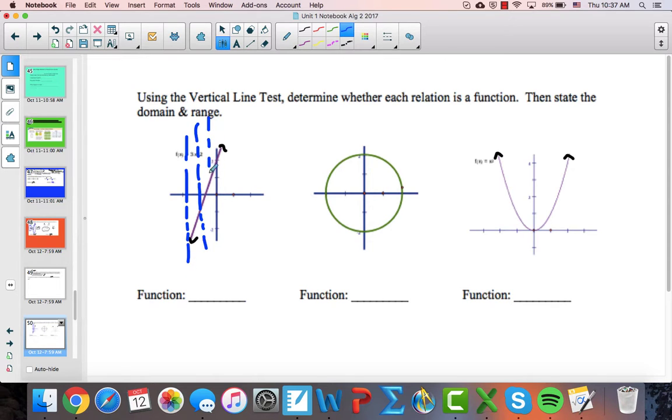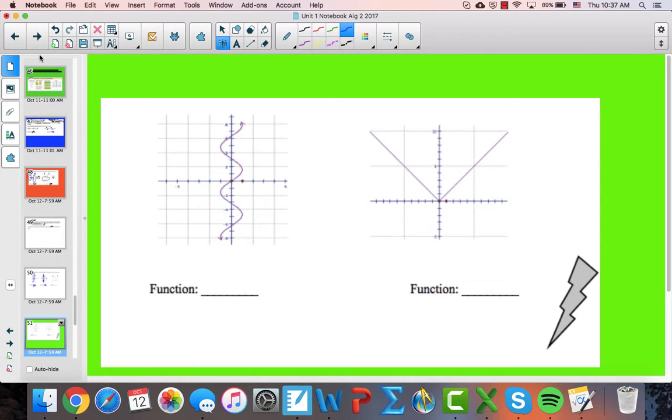Anywhere I draw a vertical line through it, it's only going to hit the graph once, so it passes the vertical line test, so it is a function. I look at this next one. I draw a vertical line through it. It hits in 2 places, so it is not a function. Okay? What I'd like you to do is do the next 3 on your page and bring that into class tomorrow, and we will check. And we'll talk more about that vertical line test.